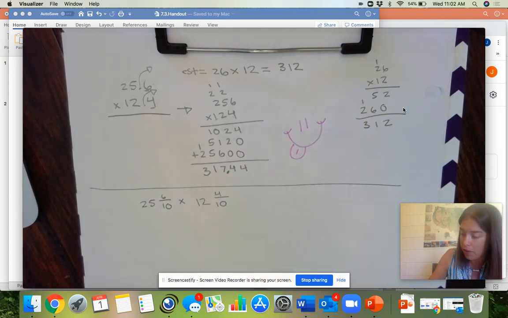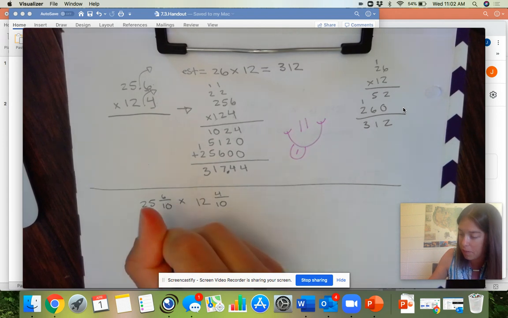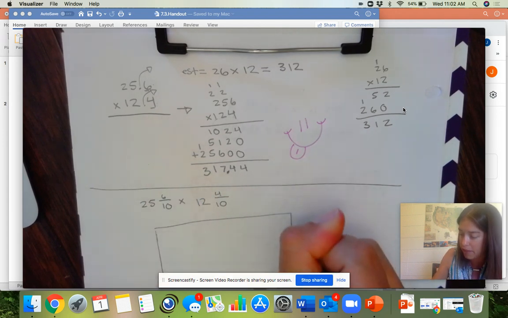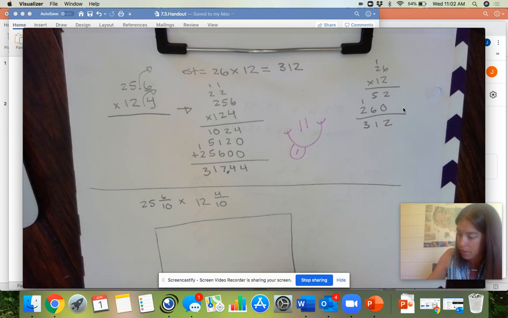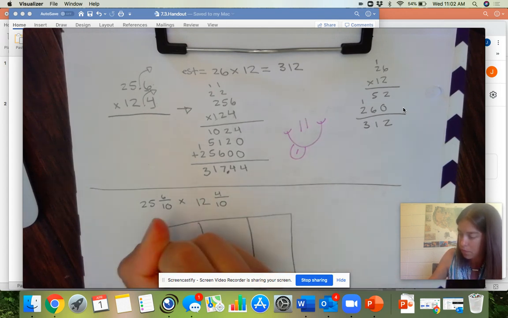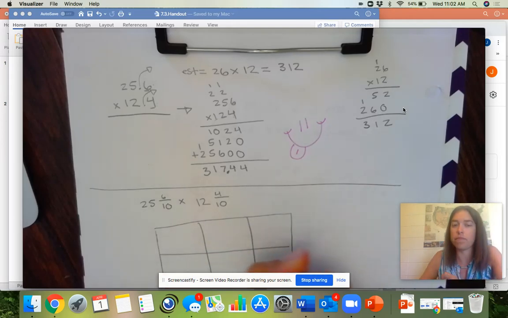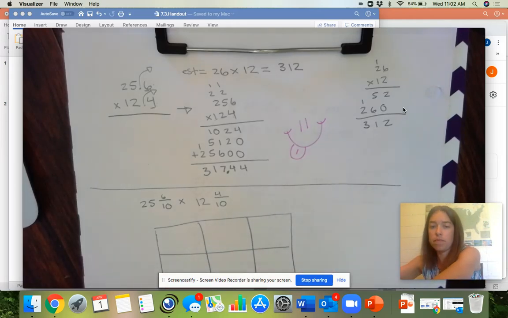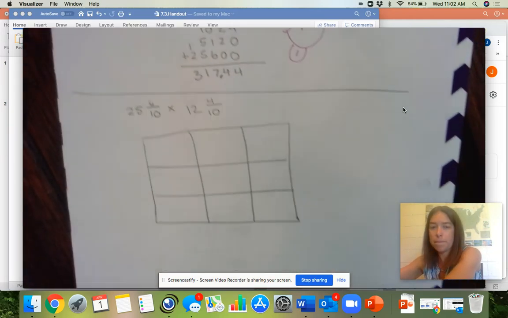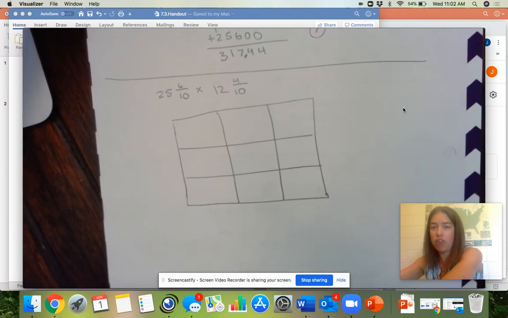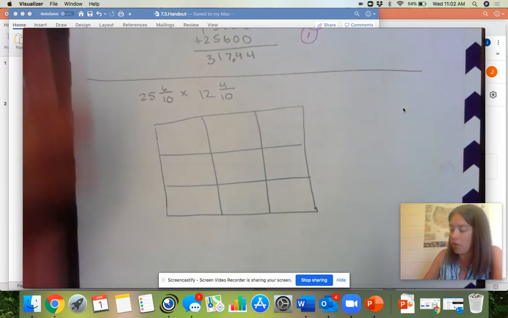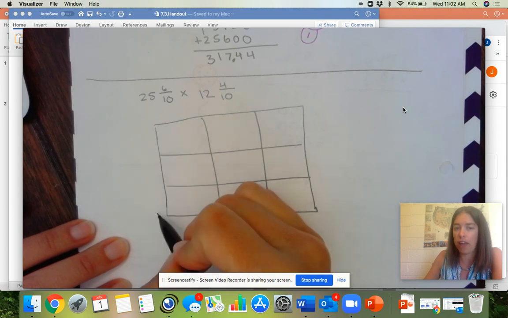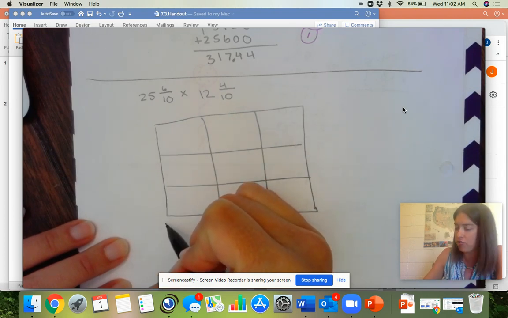I'm going to set up my array, make it nice and big to give myself plenty of space. All right, on your own, go ahead and set up the numbers that go on either side. Try it first, then check up here to see if yours matches mine.